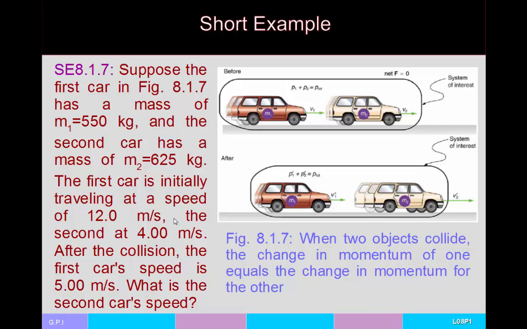And let's say that after the collision, we immediately know the first car's speed, that's this guy's speed, and we have to also assume that it is in the same direction. We have to have a direction that this speed is acting in. It's got to be a velocity. The question, though, is what is the speed of the second guy?